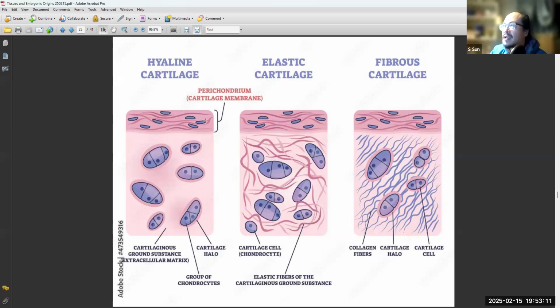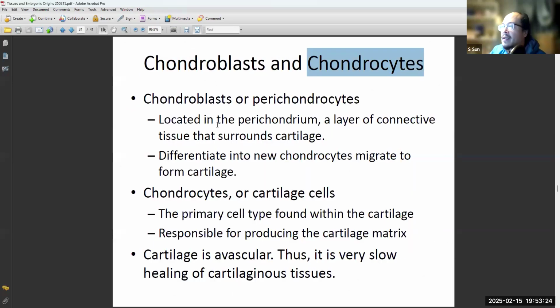The perichondrium is in the border, and then here is the cartilage. The border is called perichondrium. Perichondrium contains the perichondrocytes.